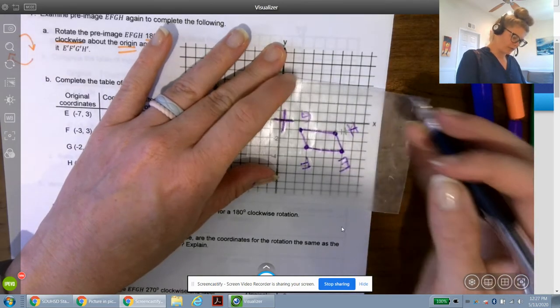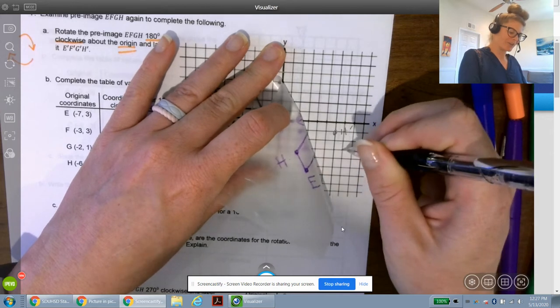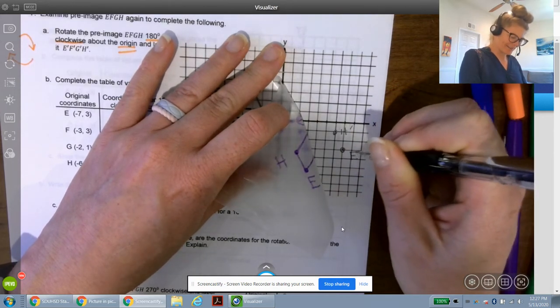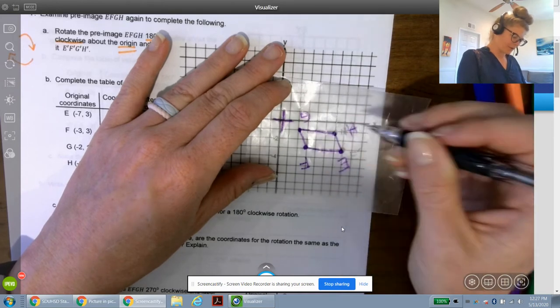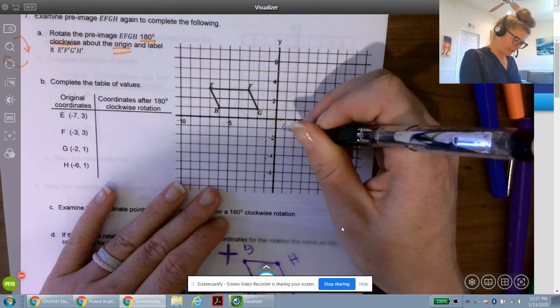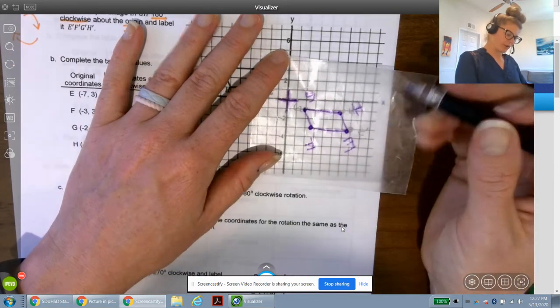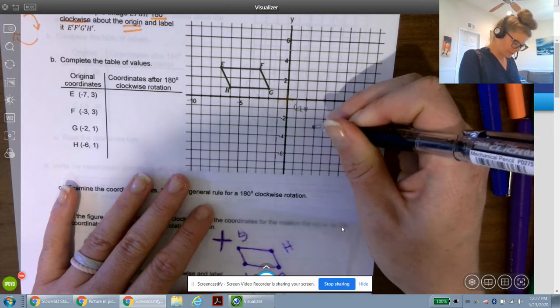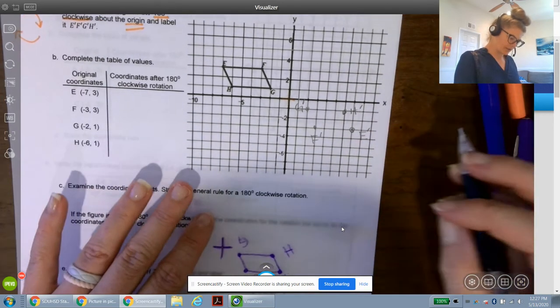Down 2, right 1. 1, 2, 3, 4 over to get to G. Down 2, right 1 to get to F. And oops, all of those are primes because these are images.